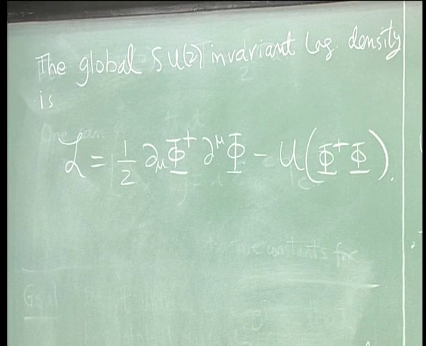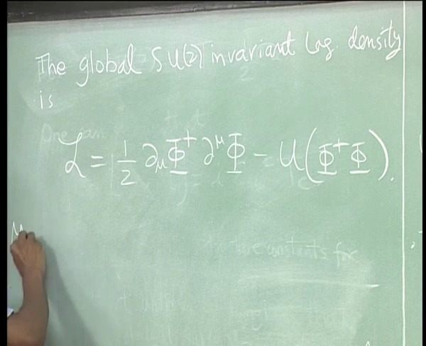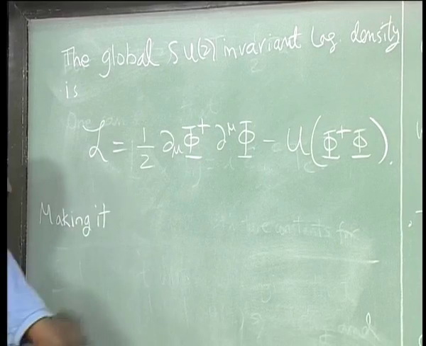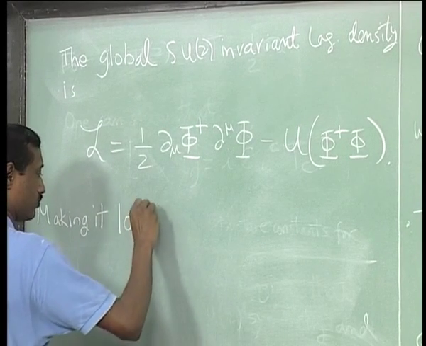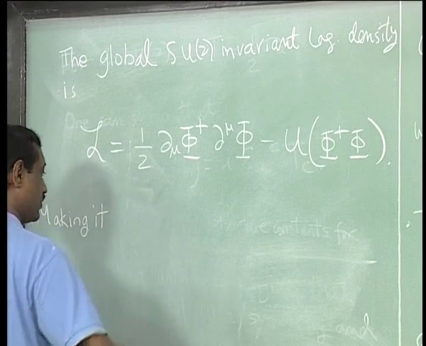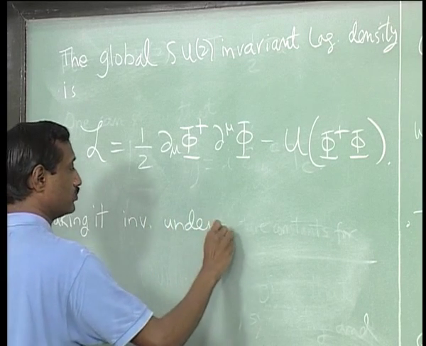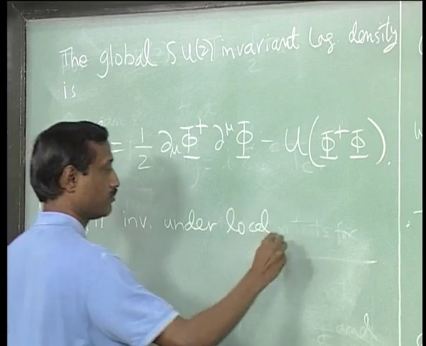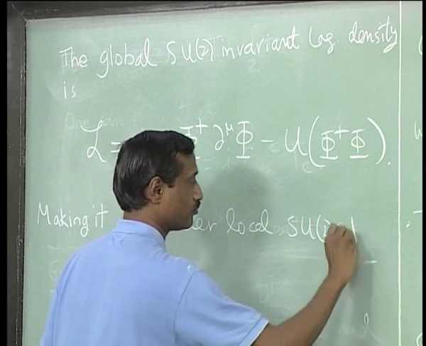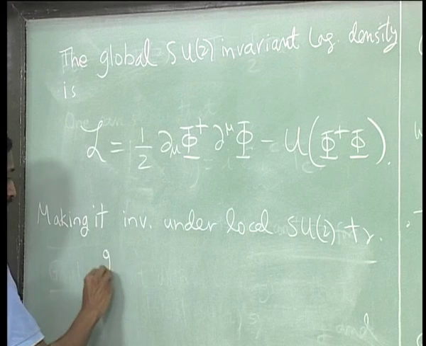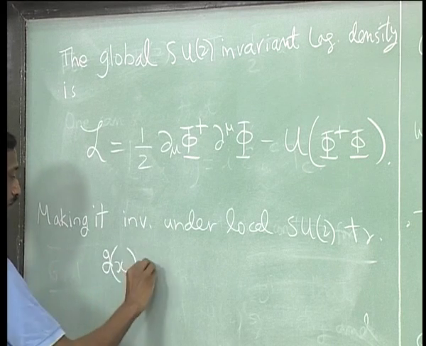So, now making it invariant under local SU2. What happens is that G is a function of the coordinates.